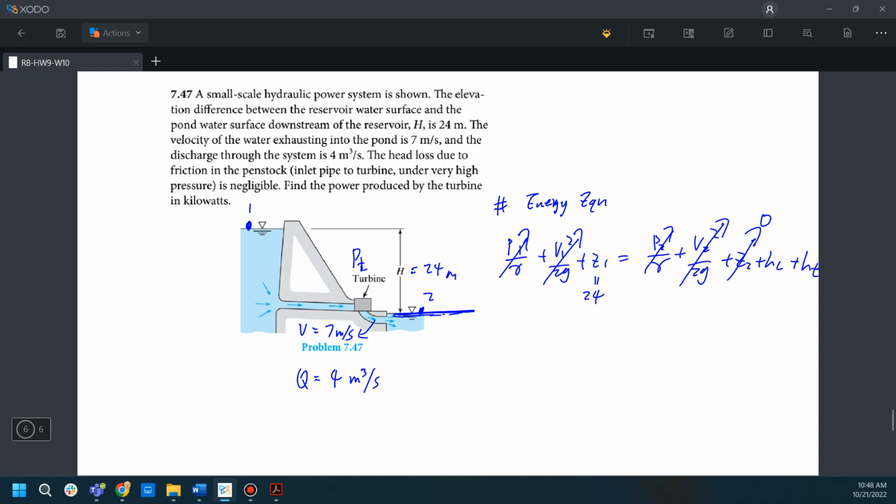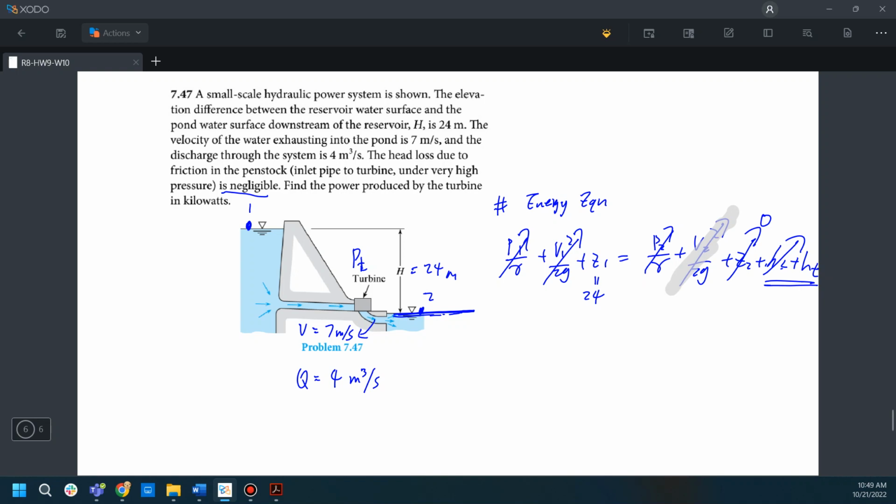The head loss is already also given. No, the head loss is negligible, so we actually don't have the head loss here.